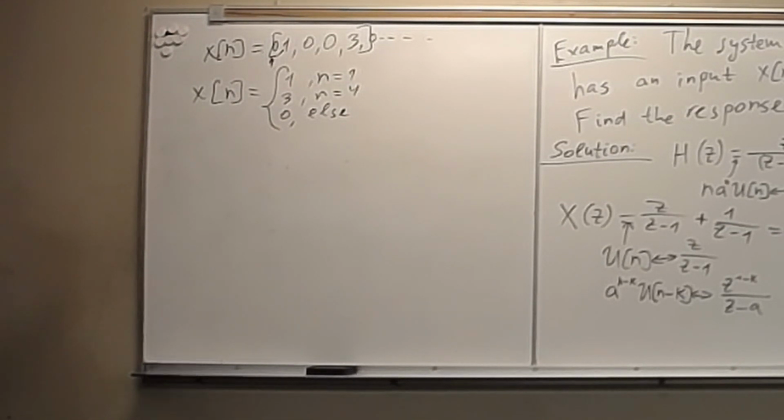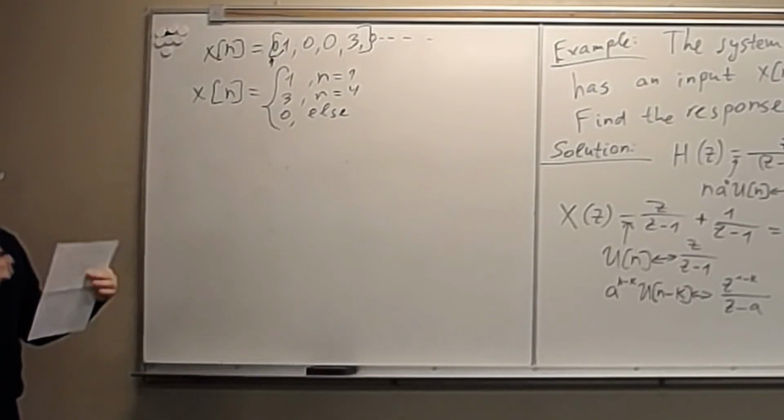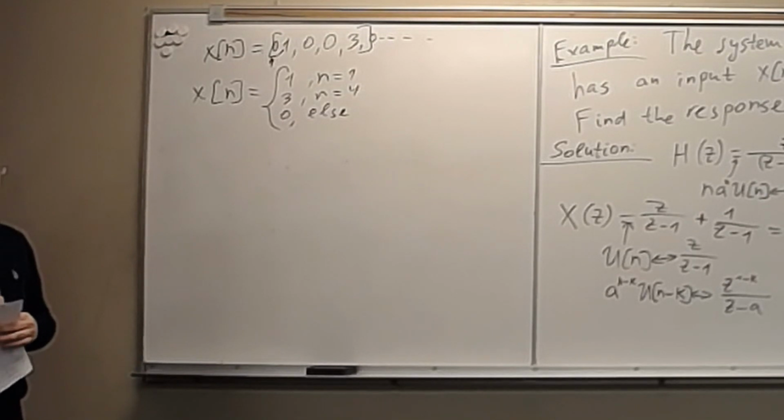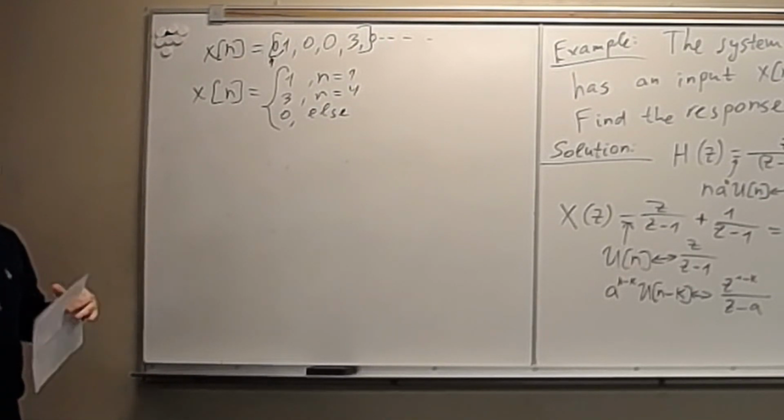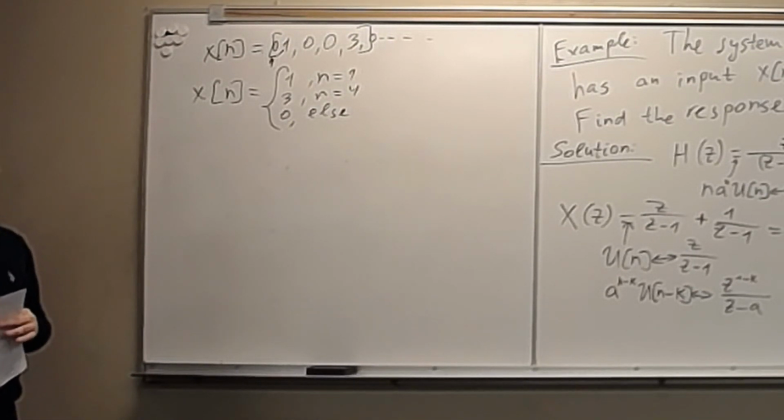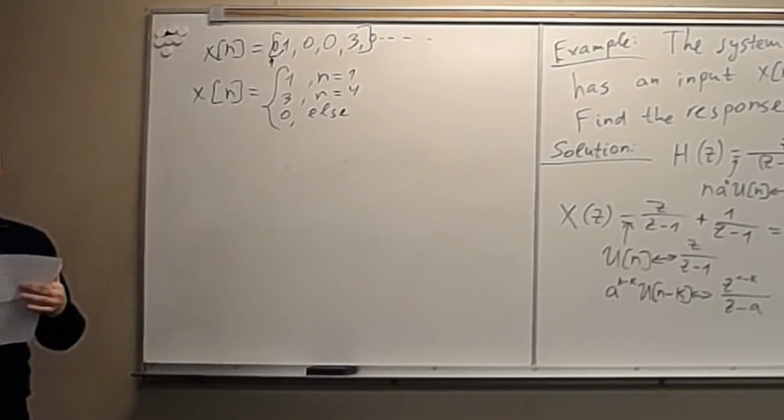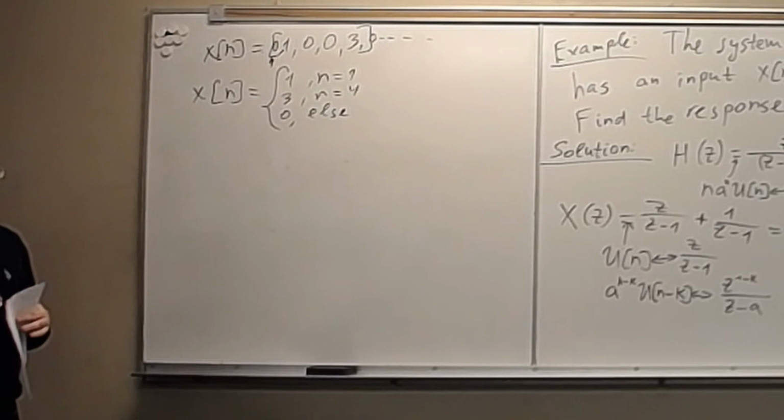You don't have any system, it's just the z transform of a signal. There's no system, there's the transform of a signal. Just a given signal, you want the z transform of that input. You want to transform it, yes.